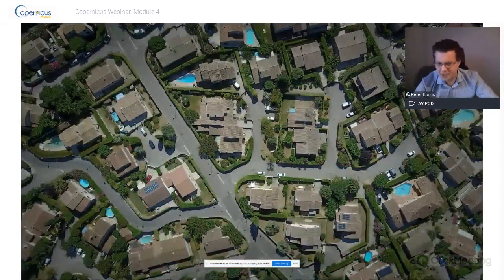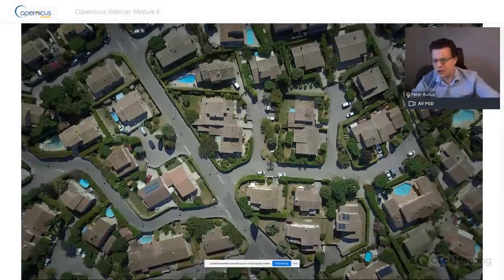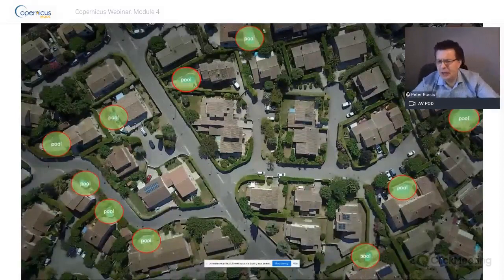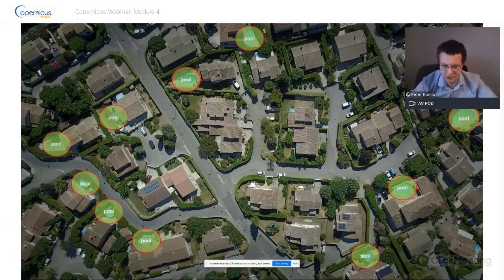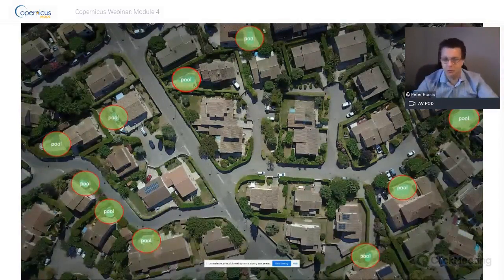But let's use it for diving a little bit deeper into what we are actually looking for. Just by looking at this imagery, we can quickly see that some of the houses have a pool. Now, pools can be very risky for certain insurance policies. If you have small children in the household, then the pool represents an additional risk. And as an insurer, we would like to know that.